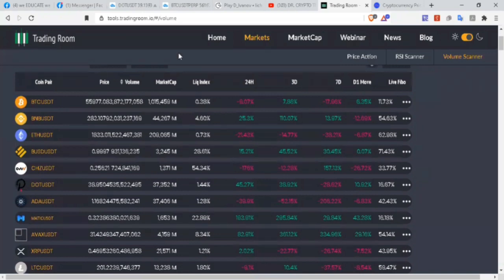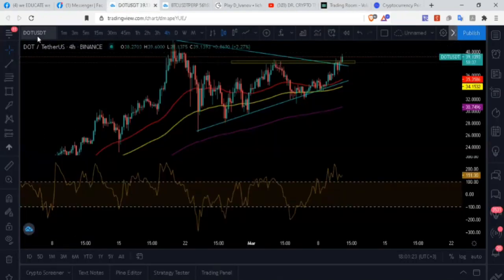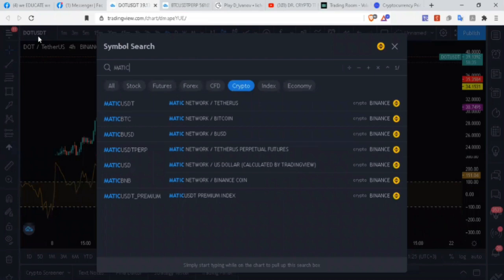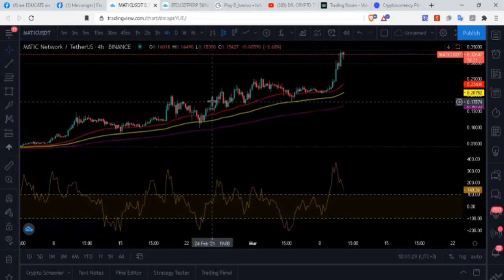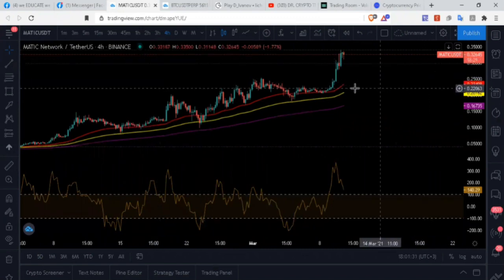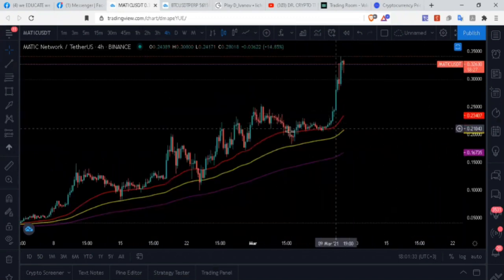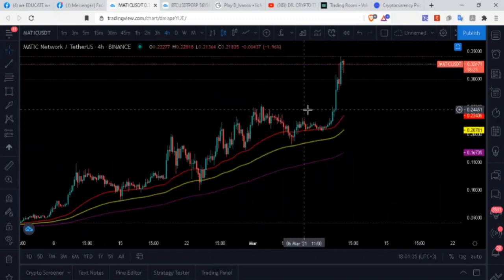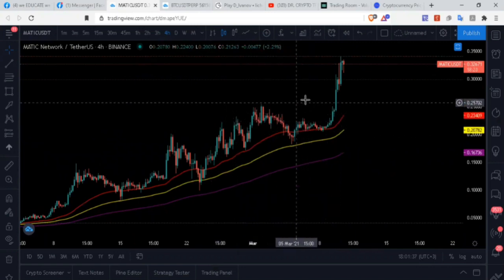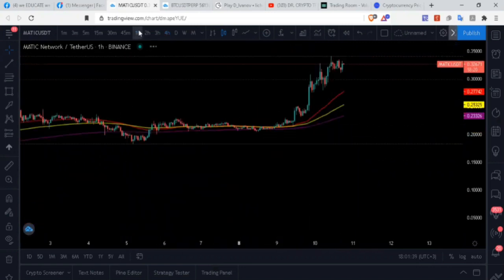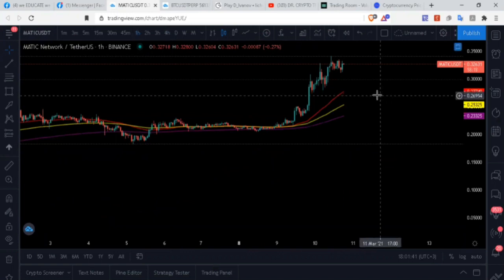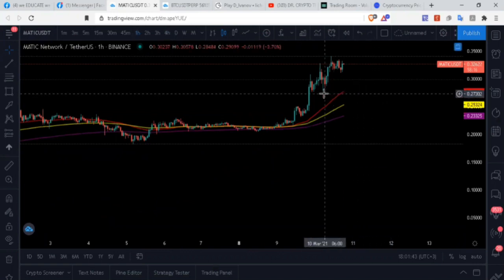Matic, I will try Matic. What is the structure of the Matic USDT? So in the 4 hours, it's trending. On the 1 hour, also trending.